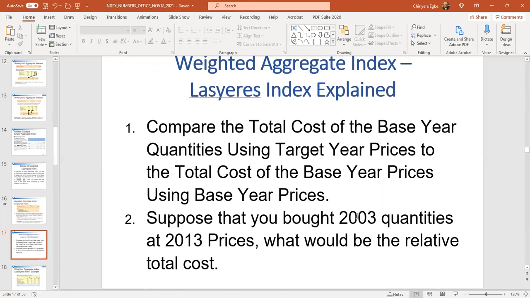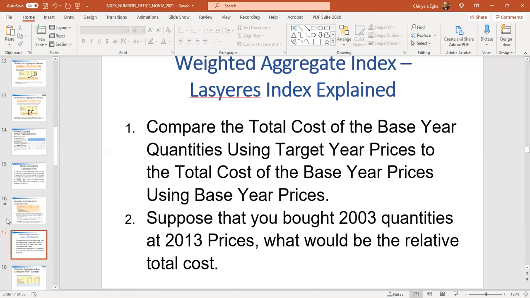In 2003, you will buy that 1 apple for 50 cents. In 2013, you will buy that 1 apple for $1.50. So that means you would have spent 3 times more. The index will be 3. Okay, that means that in 2013, the cost of 1 apple costs you 3 times more, because if you divide $1.50 by 50 cents, you would get 3. So the index will be 3.